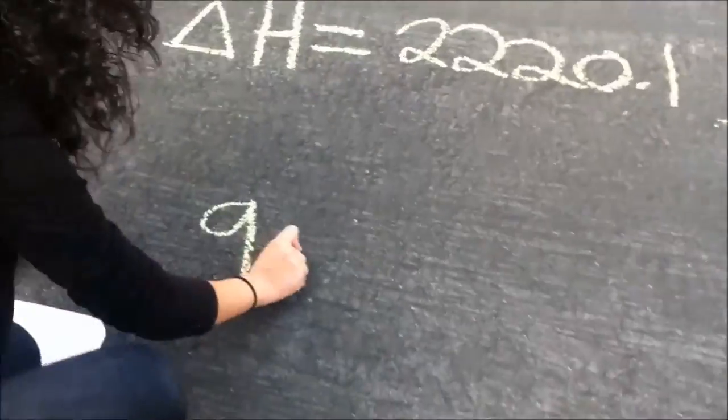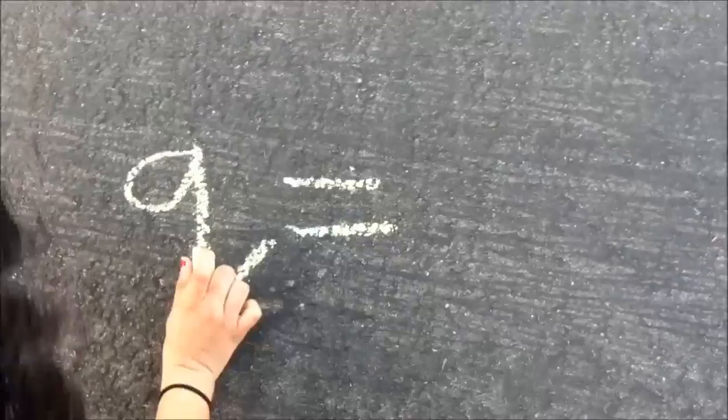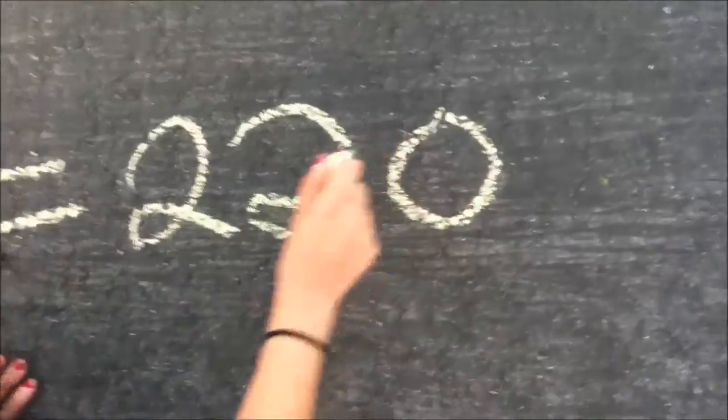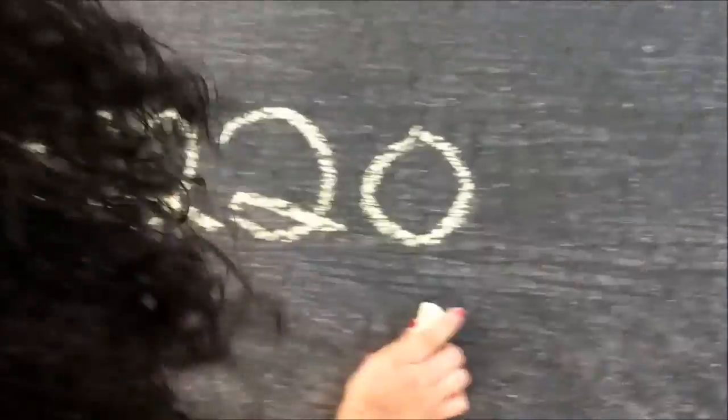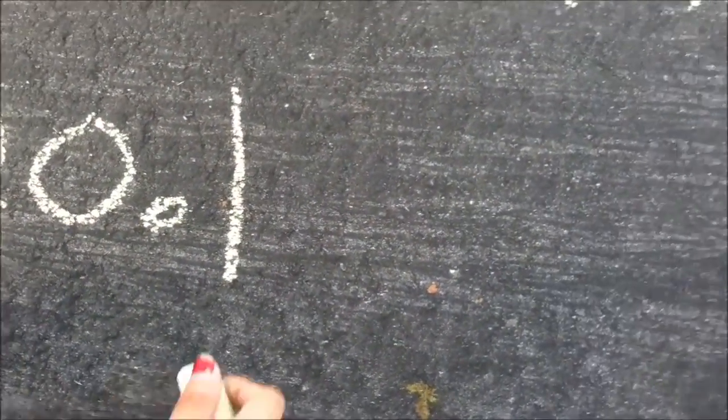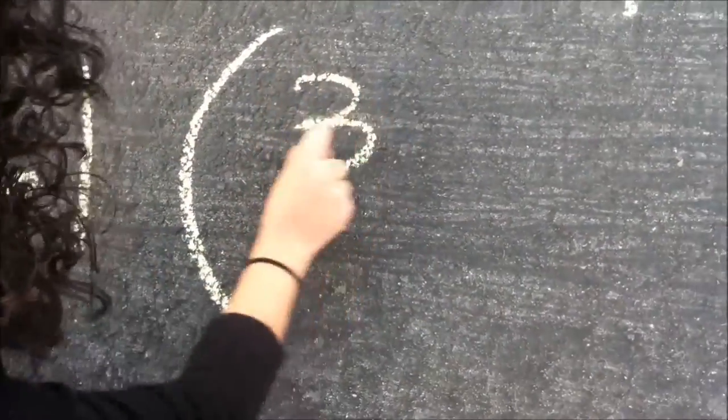In your equation, to find Q, you're going to multiply 2220.1 times 30 divided by 44. Your Q is going to be 1513.7.